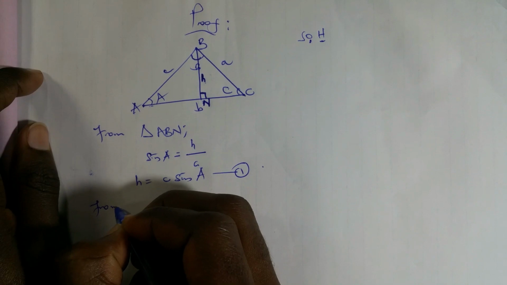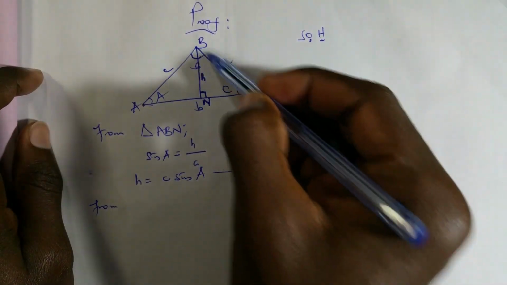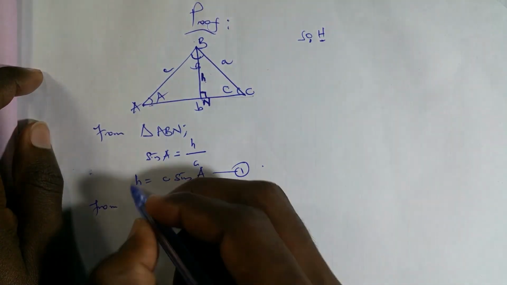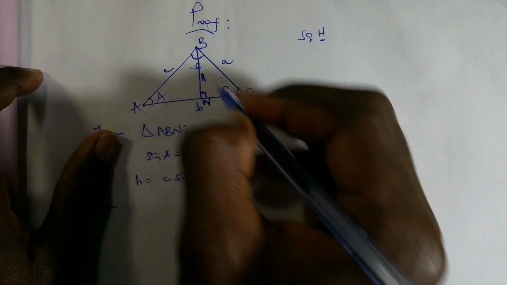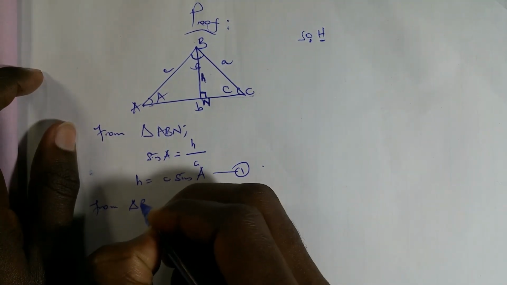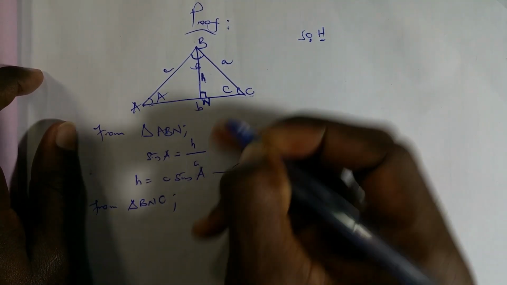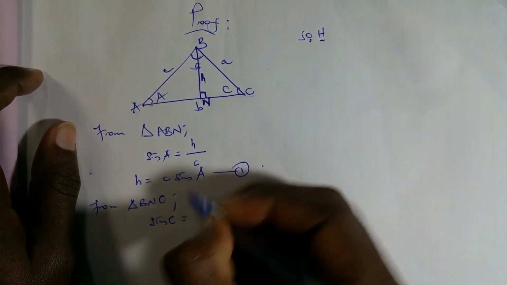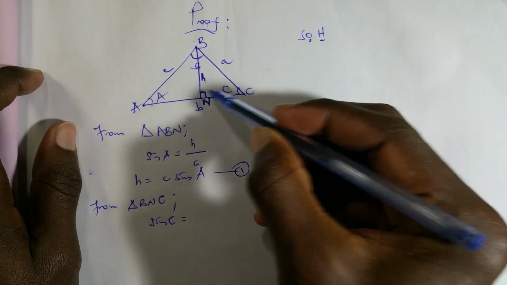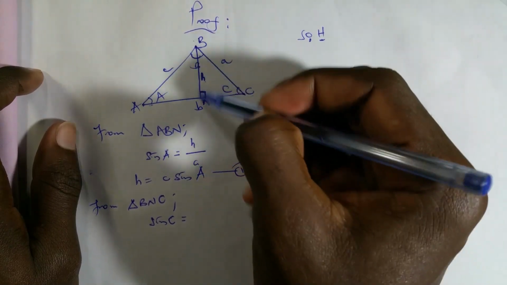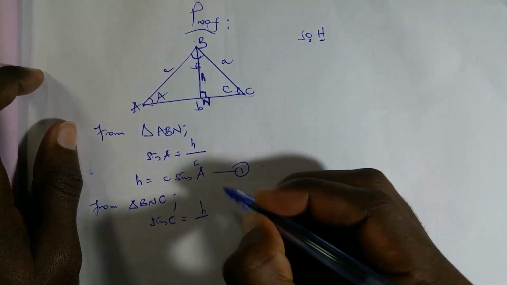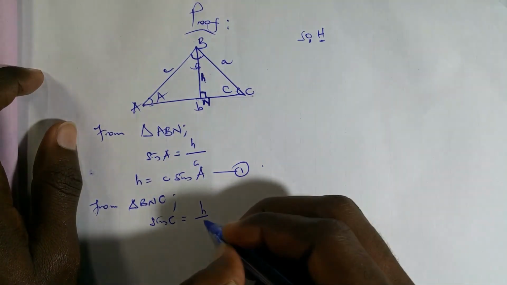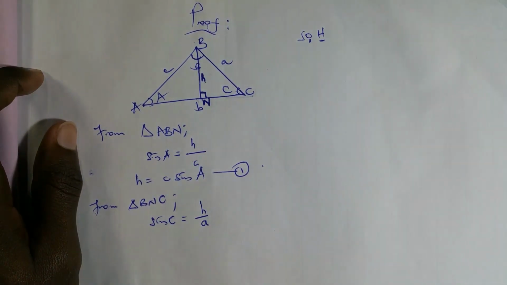Then from this other triangle, triangle BNC, we can get sine C. It's going to be given by the opposite side to this angle C, that is h, out of the hypotenuse, which is a.